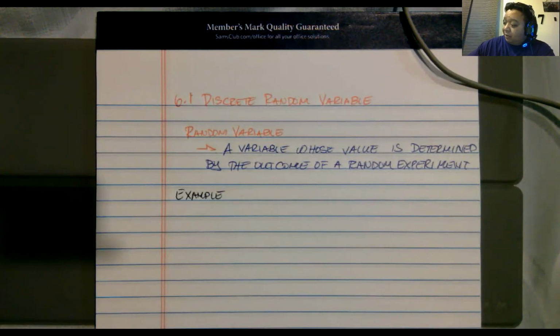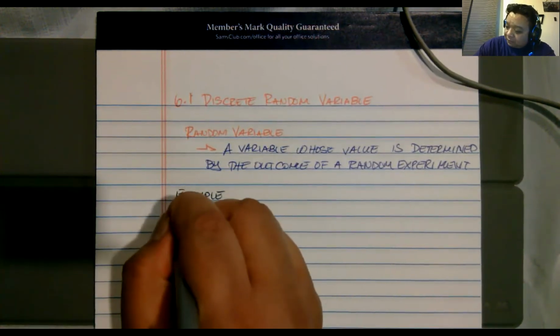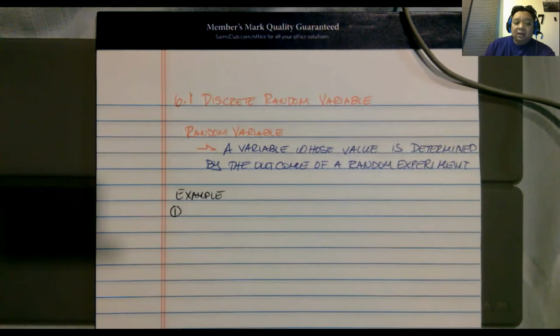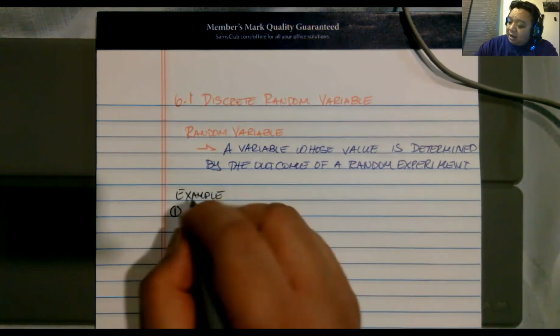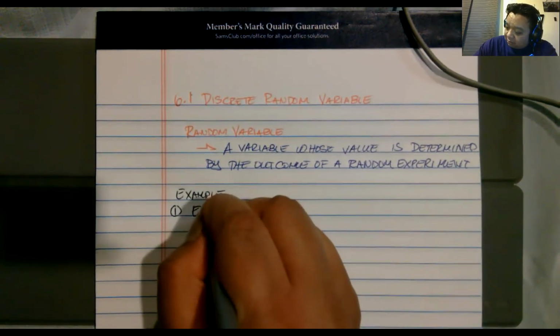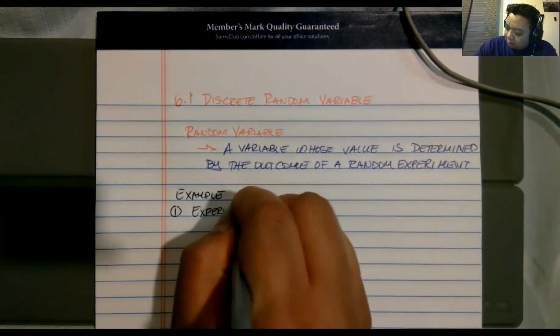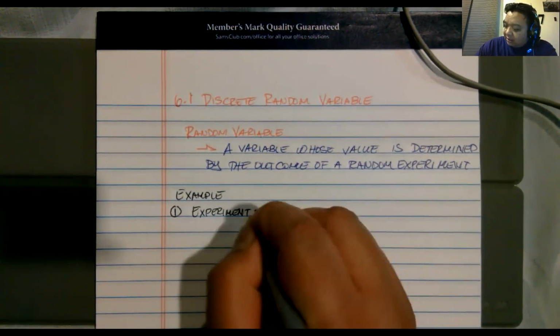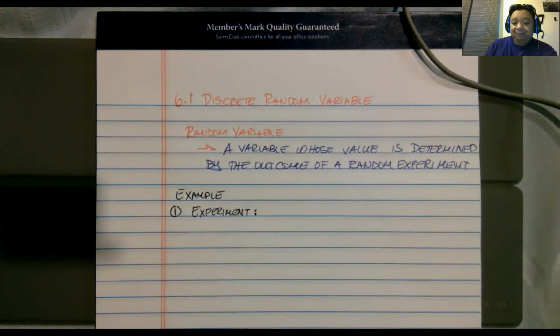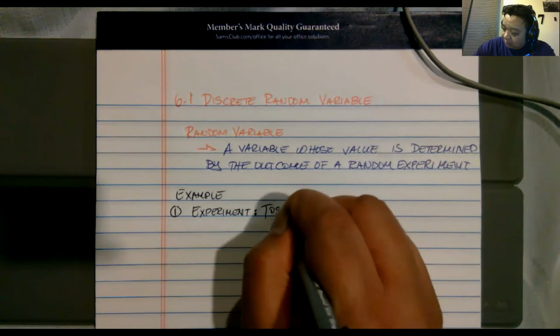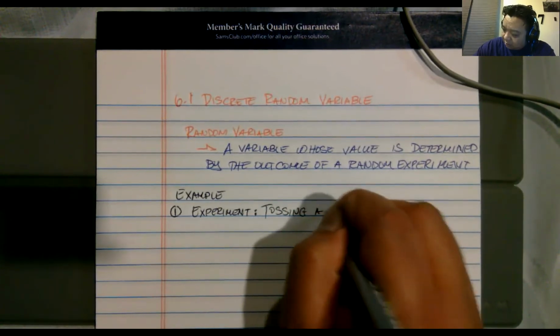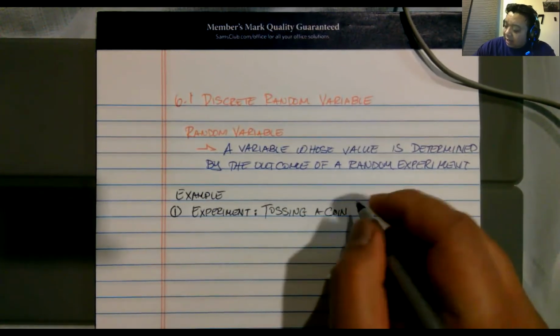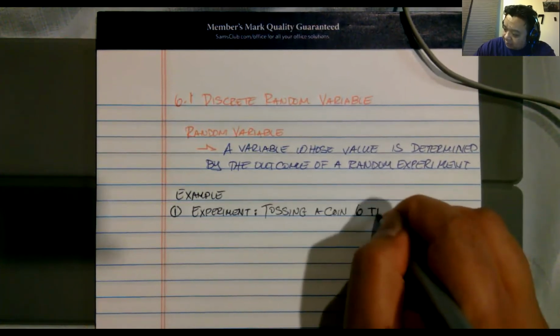Example number one. Let's say our experiment is tossing a coin 6 times.